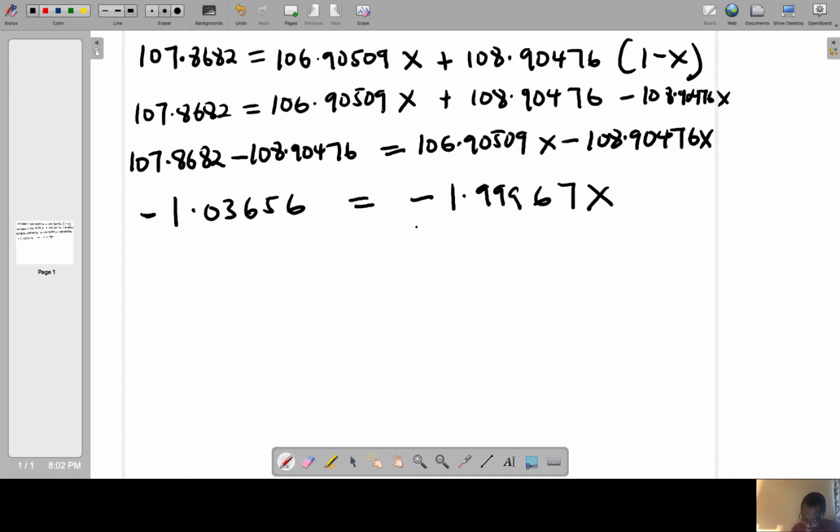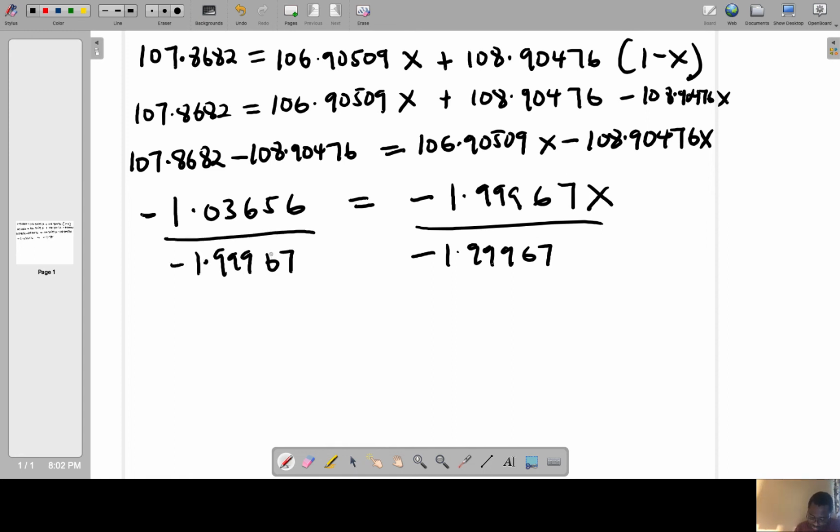Now we want to solve for x. So we divide here by minus 1.99967, and we do the same to the left. Negative will cancel negative and the number will cancel that.